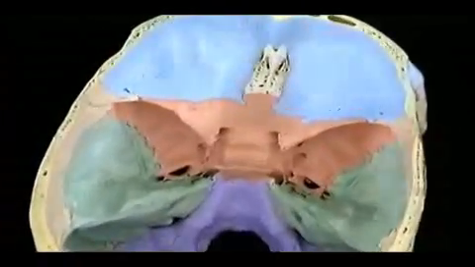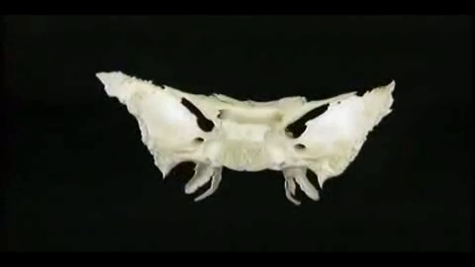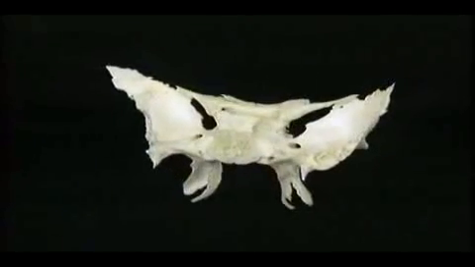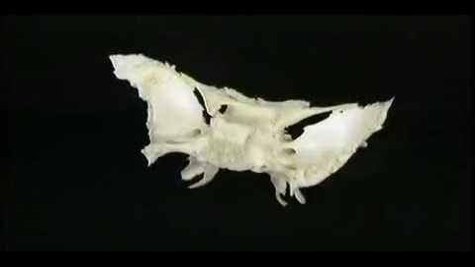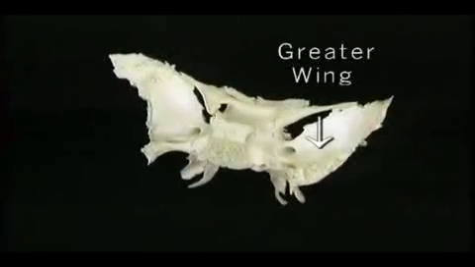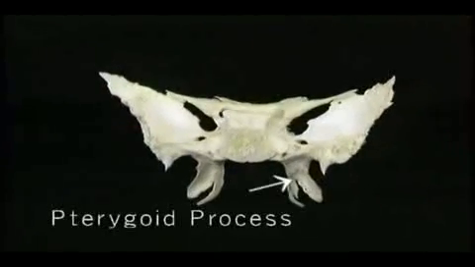The sphenoid bone also forms this large and complicated part of the floor of the cranium. Here's a sphenoid bone all by itself. The sphenoid bone has a central part, and on each side three major projections: the lesser wing, the greater wing, and the pterygoid process.